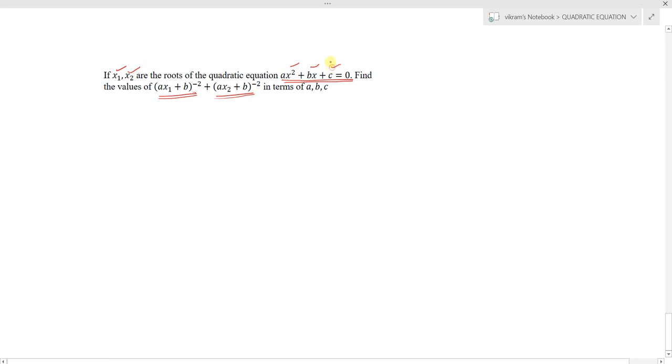So the values of x1 and x2 have to satisfy the equation. Then we can write ax1 square plus bx1 plus c equals 0, and x2 also satisfies it, ax2 square plus bx2 plus c equals 0.